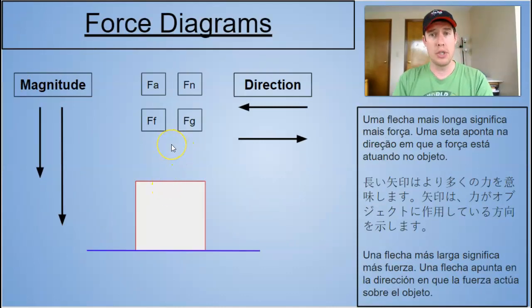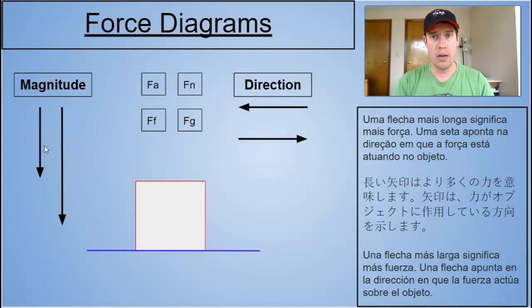Now, as I just told you, a force diagram is a way to represent strength, direction, and the number of forces on an object. As we've already talked about, there are 4 forces that we're going to study, but in not every scenario will you see all 4 forces being used. So let's dive into how we're going to use arrows and these labels.